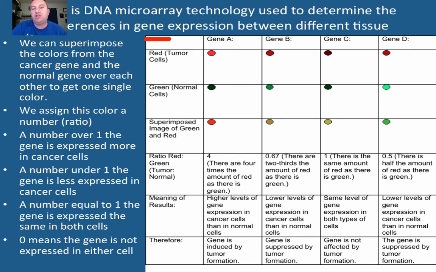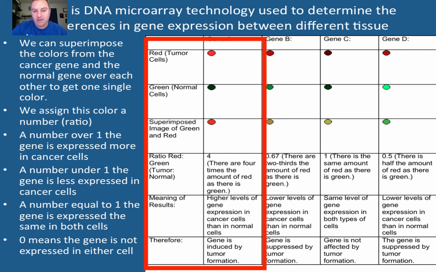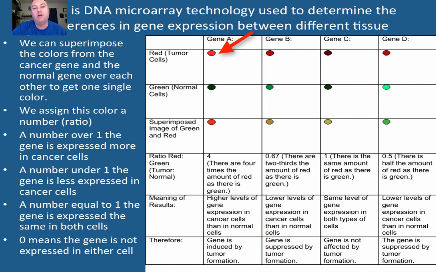All right, so let's look at gene A. When we did a DNA microarray of the tumor cells, it was a bright red, which implies that this was expressed at a high amount within the cancer cells. In a normal cell, it was a very dark green, which means it really wasn't expressed hardly at all.